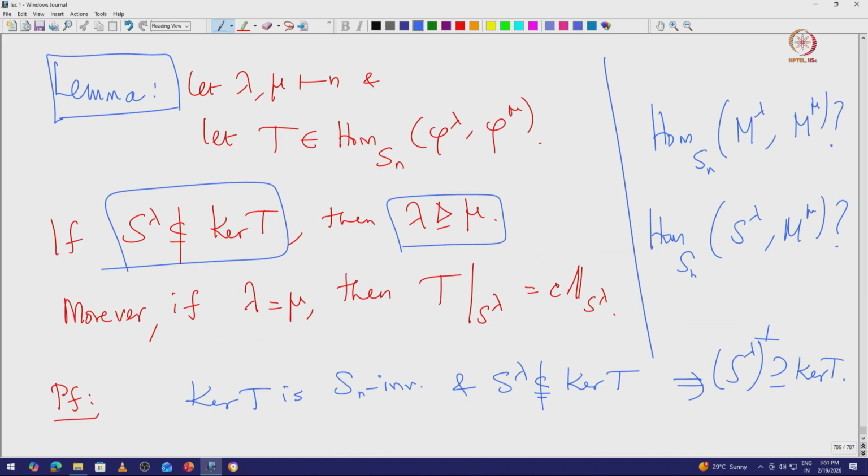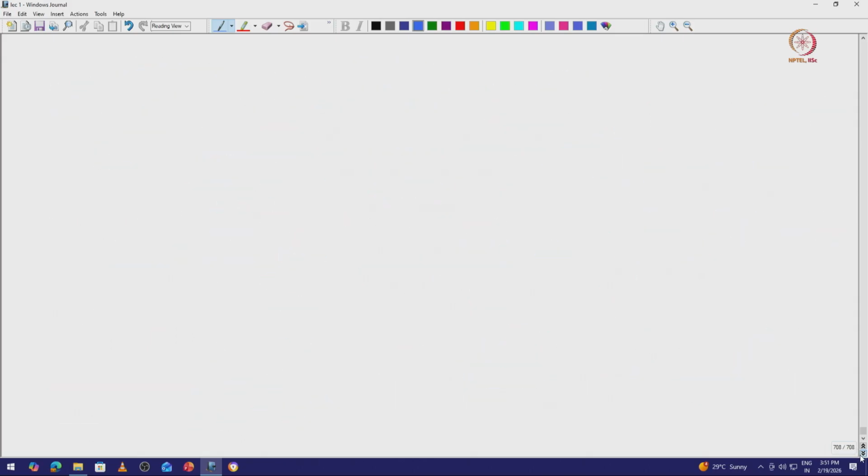For the second part, assume that lambda equals mu. Then T e_t is again a_t T{t}, because T commutes with a_t.